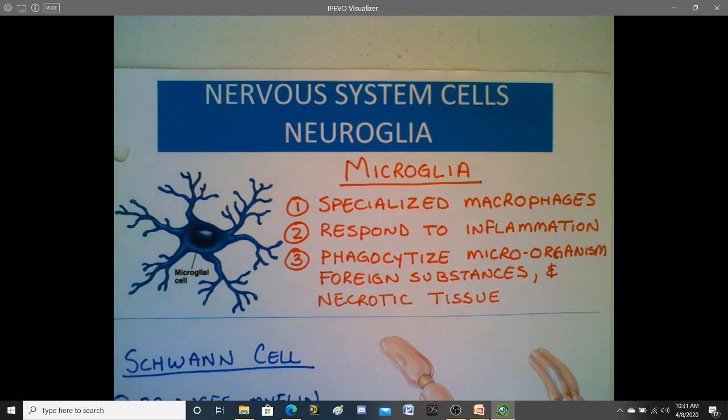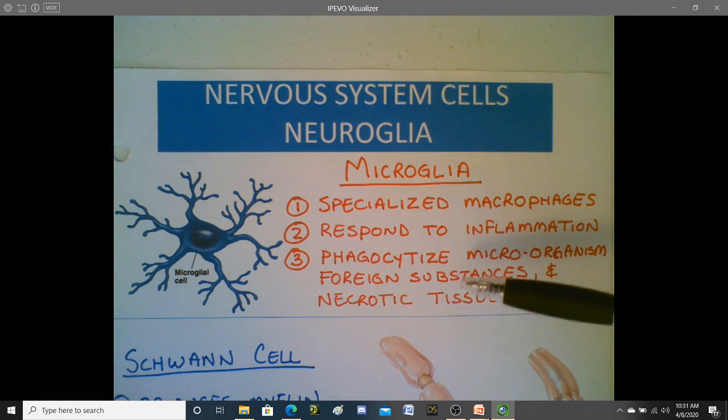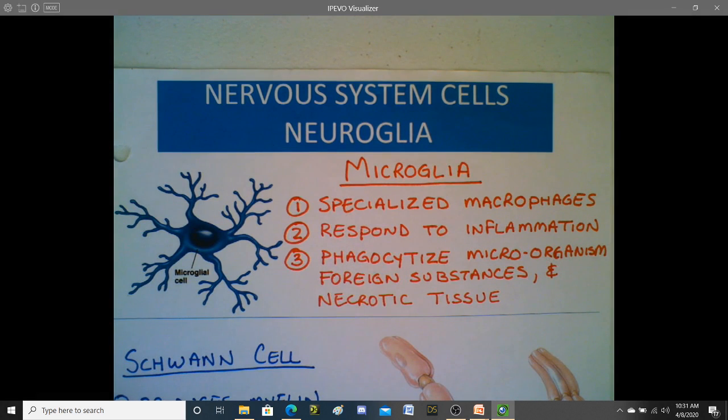So it says they are specialized macrophages. They're going to respond to inflammation, and they work a lot like macrophages. They're going to phagocytize microorganisms, foreign substances, damaged and dead tissue that are in your nervous system. So, for example, if a person gets a concussion, they have some damage to their tissue in their brain.